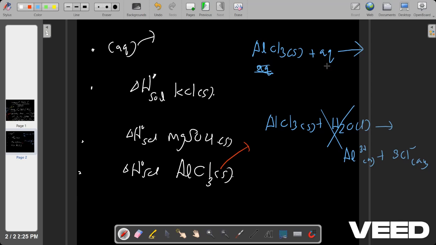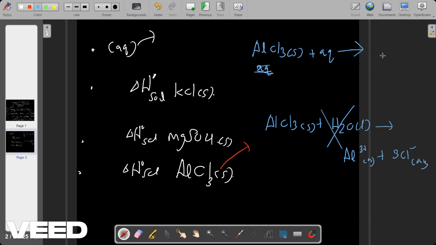But we should tell in the equation we are dissolving it. If you add it as H2O water, there is an issue with balancing it. Now, if you write like this, there is no issue. Why? We know we are going to dissolve it. Otherwise, you can't call it an equation, right? That is why we are putting it as aqueous. Keep that in mind. Okay.